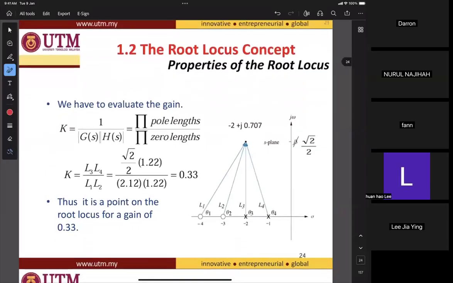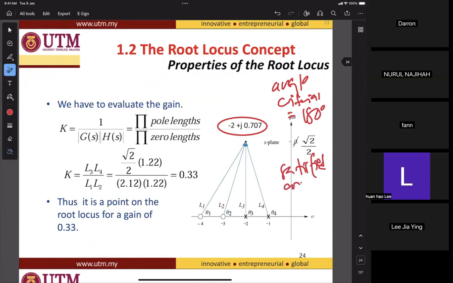So we use the formula here. Again, we repeat the trigonometry, but this time around for theta 1, theta 2, theta 3, theta 4, repeated as just now. Then you can see it will give you an angle criteria equal to 180 degrees, which satisfies the angle criteria.